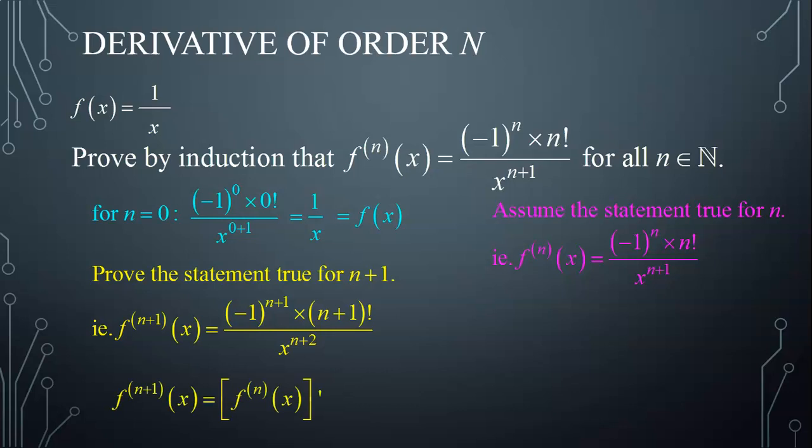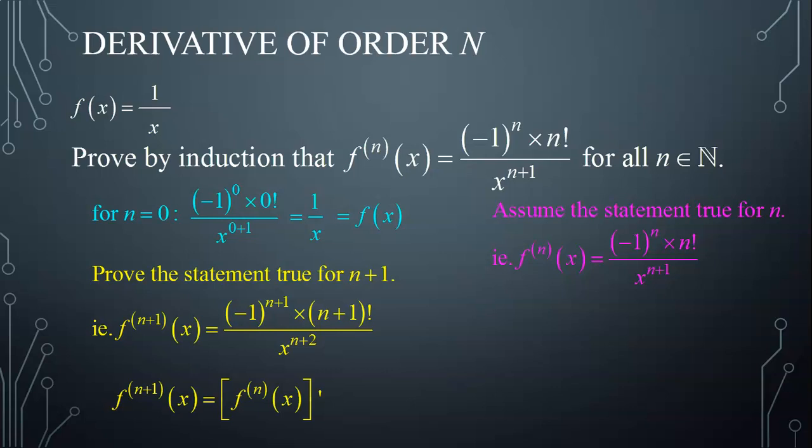So I start by the fact that the derivative of order n plus 1 is the derivative of the derivative of order n. So I am in fact here using my assumption as this is a proof by induction.